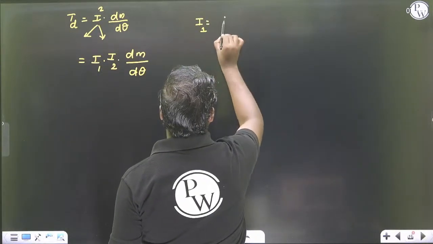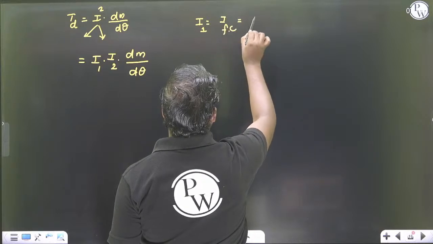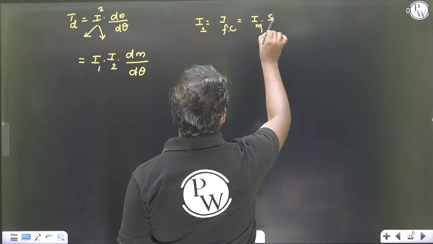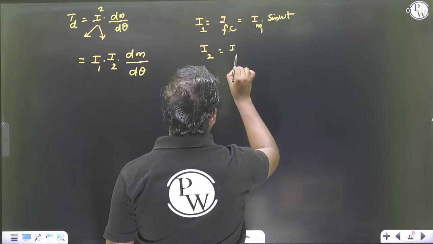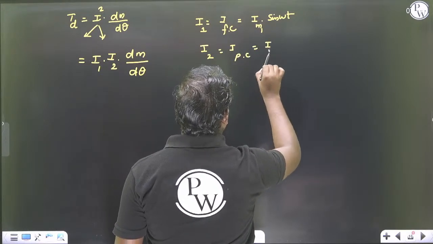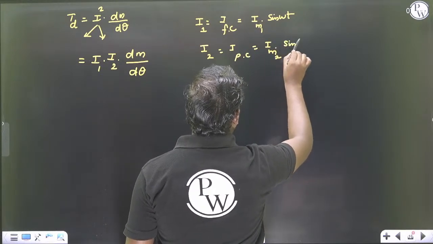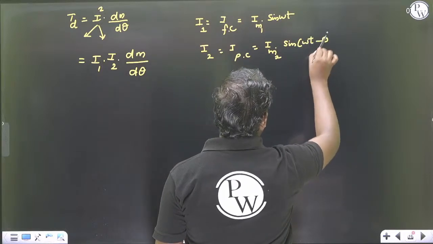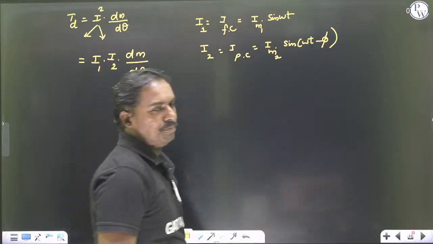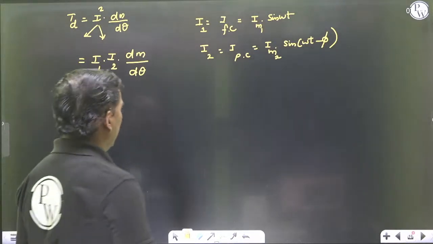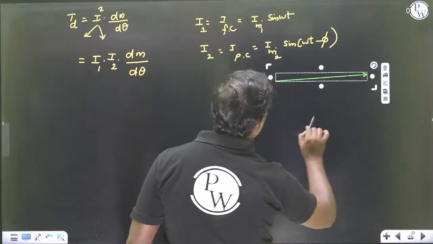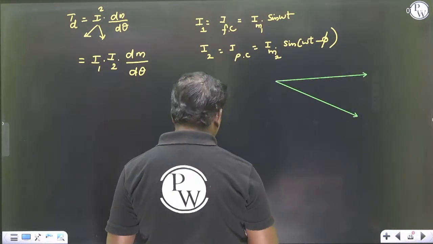I1 is the current passing through the fixed coil, that is Im1 sin omega t. I2 is the current passing through the potential coil, which is Im2 sin(omega t minus phi). The potential coil is constructionally different, so it has some phase shift. So the current passing through the current coil and the current passing through the potential coil will have a phase shift.